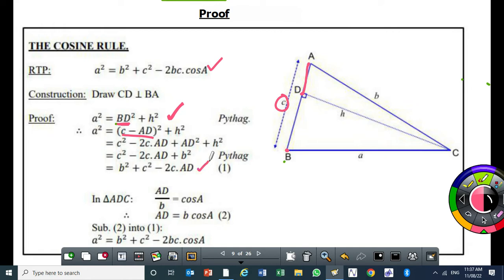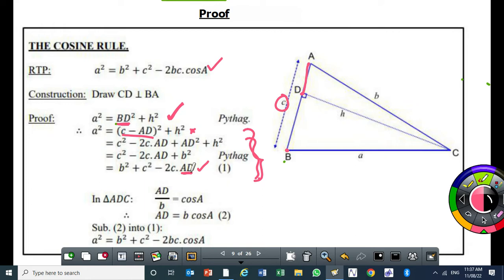Please be aware that simplifying from this step here is algebra, grade 9 and 10. It's just removing the brackets. Then, when you get to this point, the problem is that we need to eliminate that AD, because the formula only has small letters, based on the formula we got there.